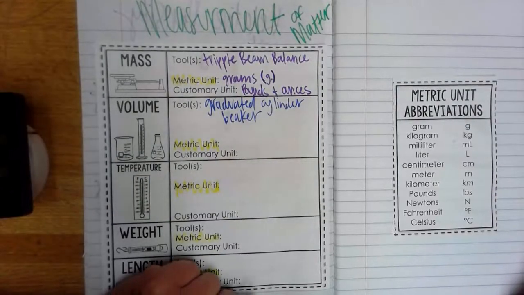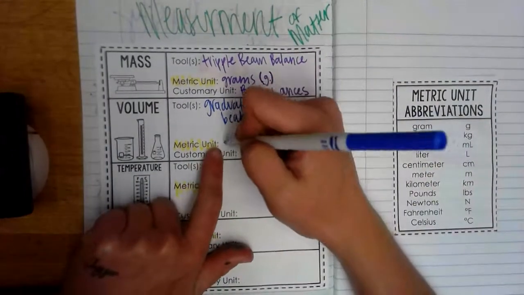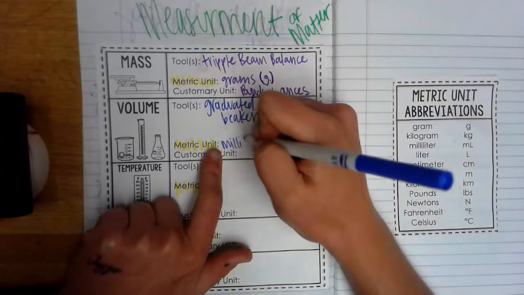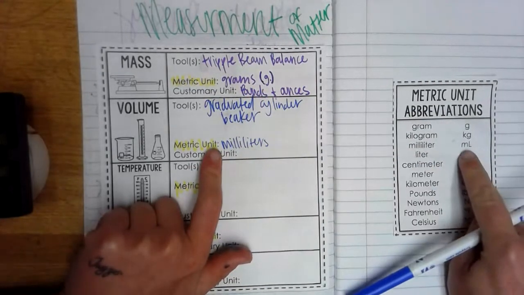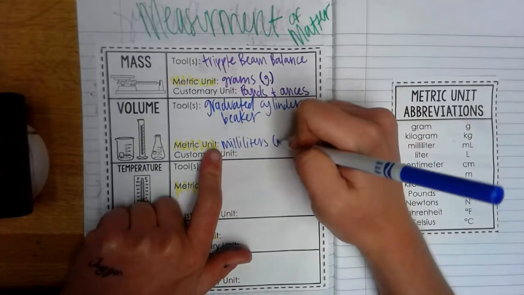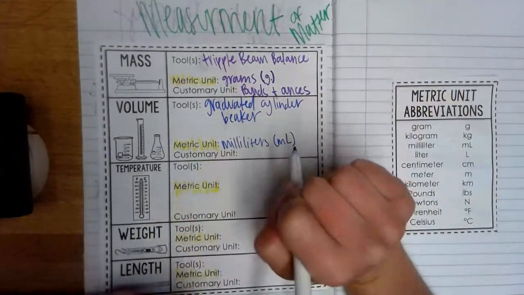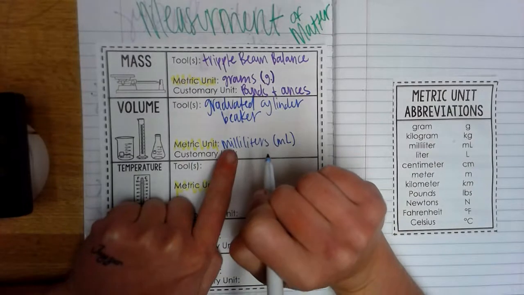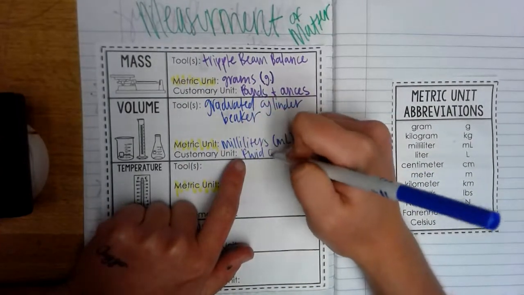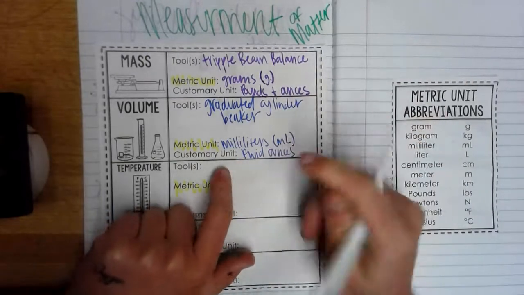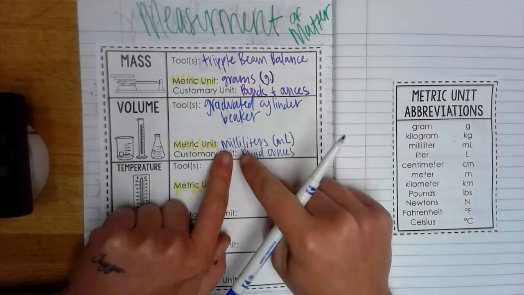Okay. The metric unit that we're going to use is going to be milliliters, and that's going to be mL. The customary unit for this one is going to be fluid ounces. But again, we're always going to use the milliliters, okay?